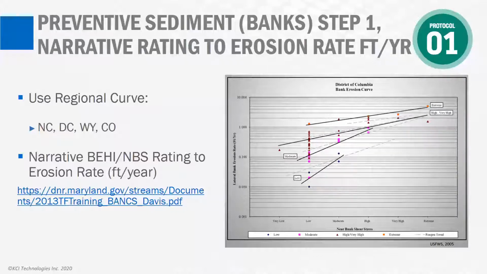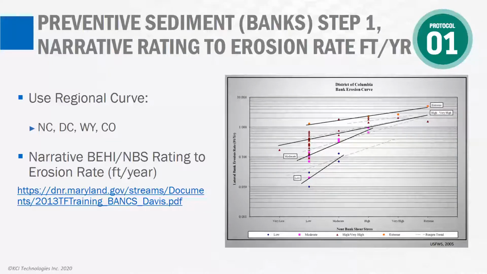The one on this slide is the DC curve. So the x-axis represents the different narrative ratings for NBS, and then each regression line represents a different BHI narrative rating. So combining the two will result in a lateral erosion rate on the y-axis.